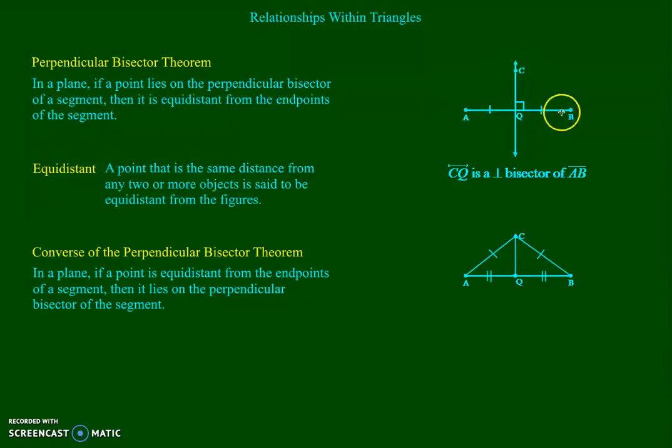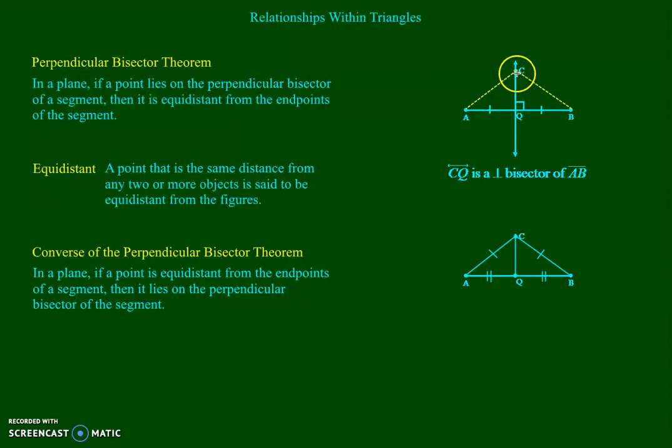Let's draw those two lines in. And we can see now we have two triangles. We have triangle AQC and triangle BQC. Now, because this is a right angle, this must be a right angle, and these two sides are congruent to each other.